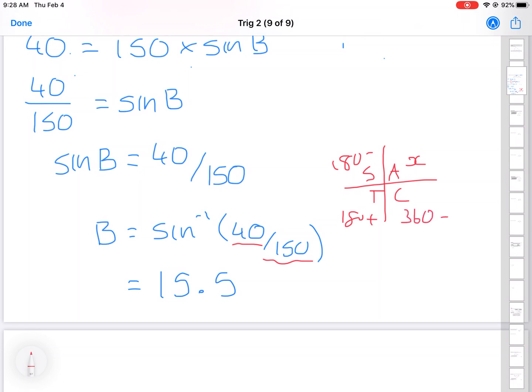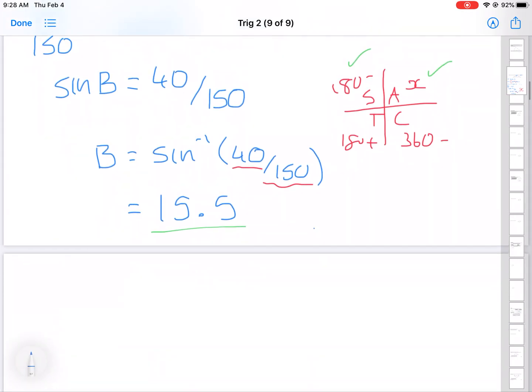We're taking in something from a different topic here to try and find out this answer. Now, since we are working with sine and we're positive, we would be in quadrants A and S. That tells me that x, the value of the angle, is either 15.5 or it's 180 subtract 15.5. So let's see what happens when we do that calculation.